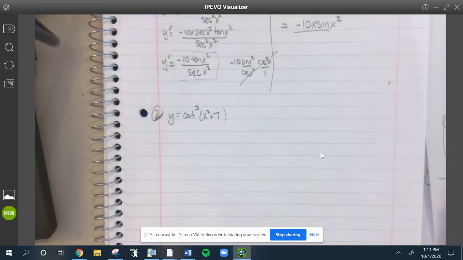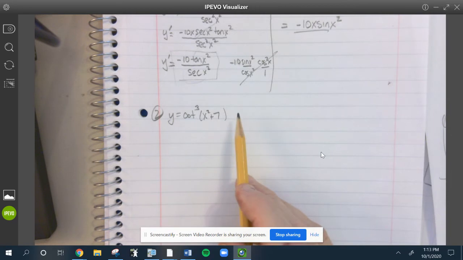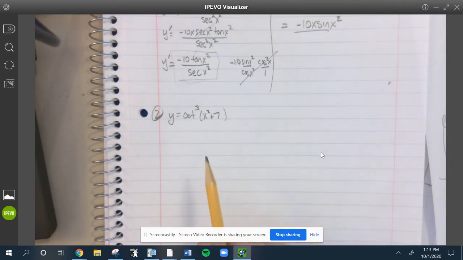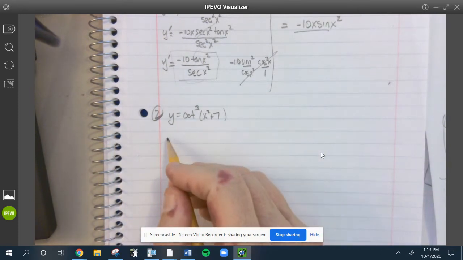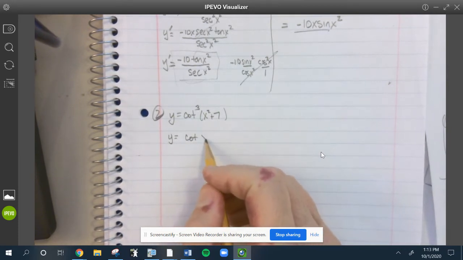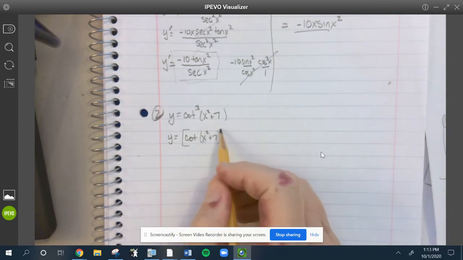The other one I have is the one that gives most people trouble. Now, you could actually change this into cotangent x squared plus 7 times cotangent x squared plus 7 times cotangent x squared plus 7 and use the extended product rule. But it's easier to think of this how you should think of it, as this.